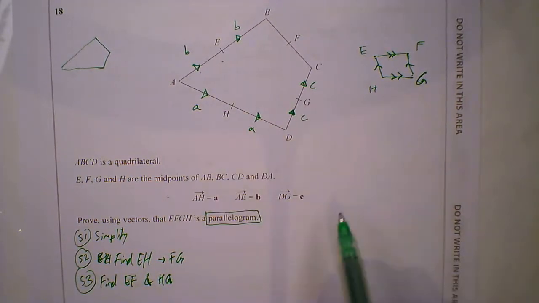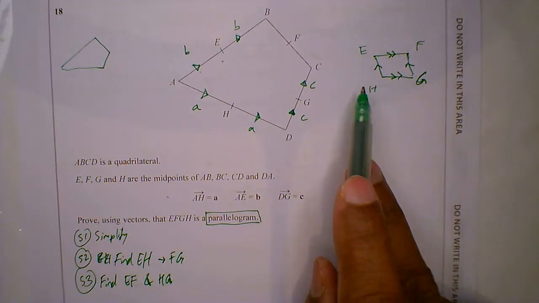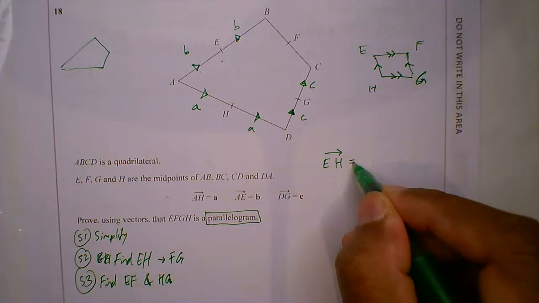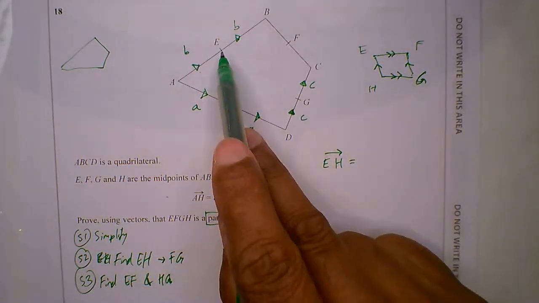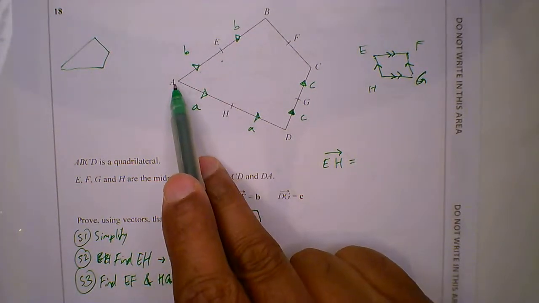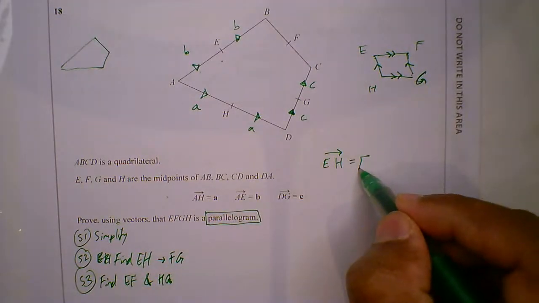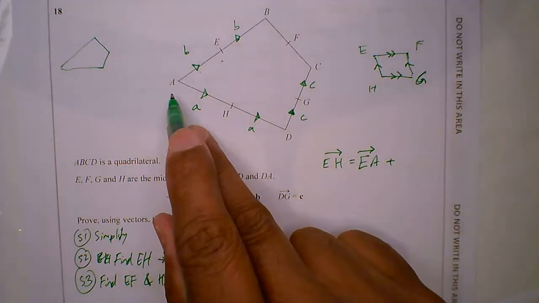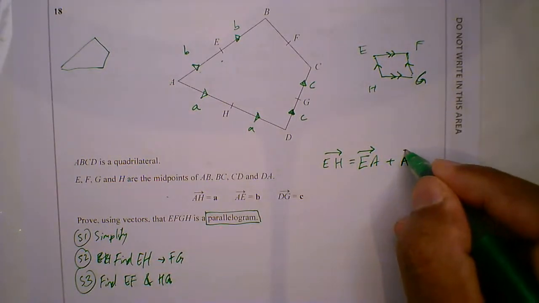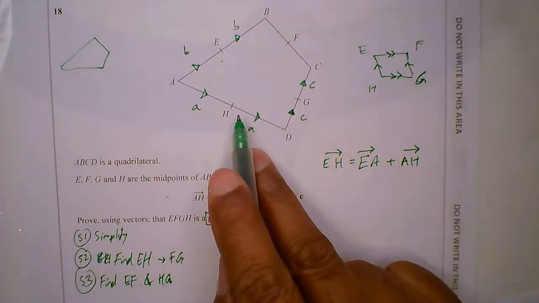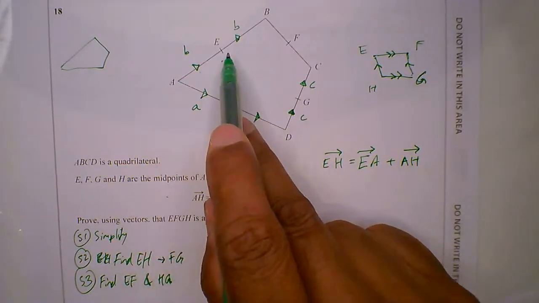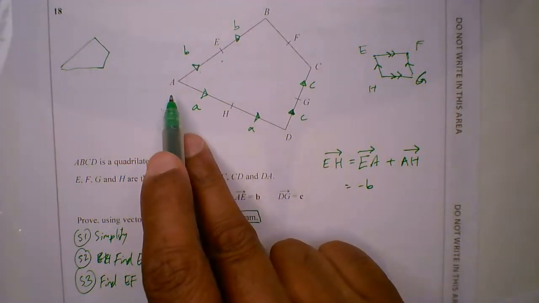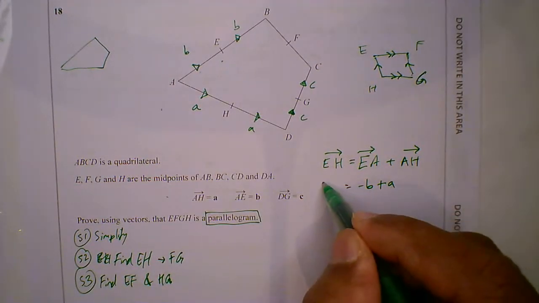So I can now look at finding E to H. I'm going from E to H, so I have to follow the path: E to A, plus A to H. I'm not following the arrow for E to A, I'm going in reverse, so this is minus b, and then I'm following a, plus a.